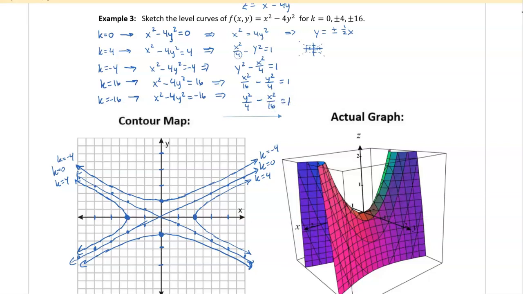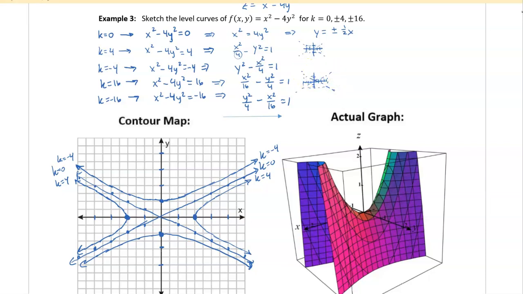So again, we're still going to have the same types of asymptotes here. I'm going to be a little lazier when I draw these things. You could make your box by going out 4 in the x direction, 4 in the x direction, 2 in the y direction, 2 in the y direction, making your box, drawing your asymptotes there.